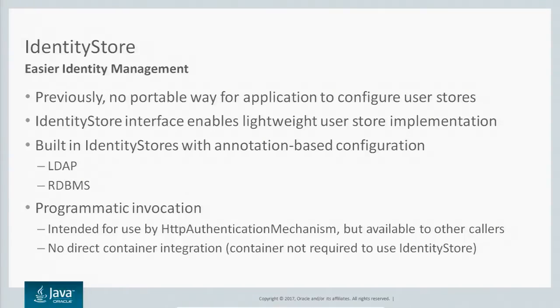But there are also built-in identity stores. There's annotation-based configuration for LDAP and RDBMS, which will result in a default implementation supplied by the container being instantiated for your application context. So in essence, it lets you configure your own. The LDAP or the database has to be out there somewhere, but you can point your application at it pretty simply.